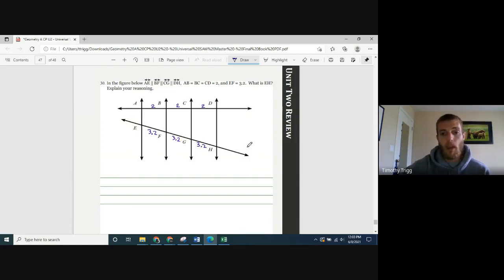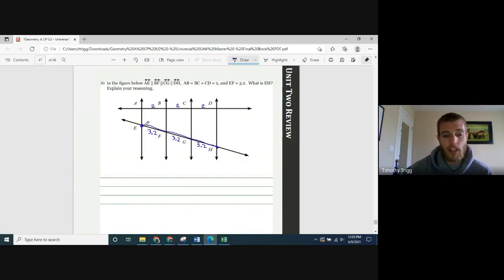All right. Then it says, what is EH? So we want to find the length from E to H. So that's going from here, from E, all the way to H.